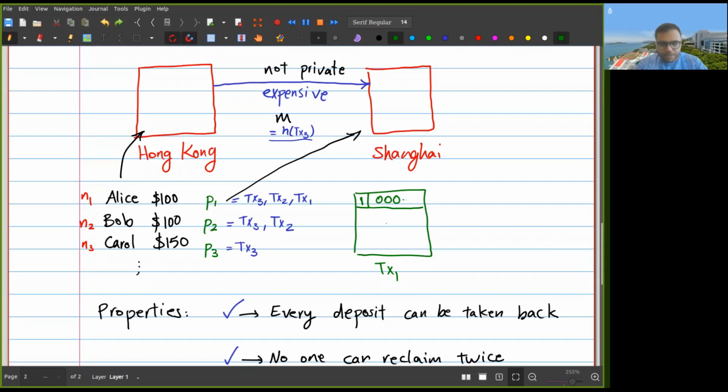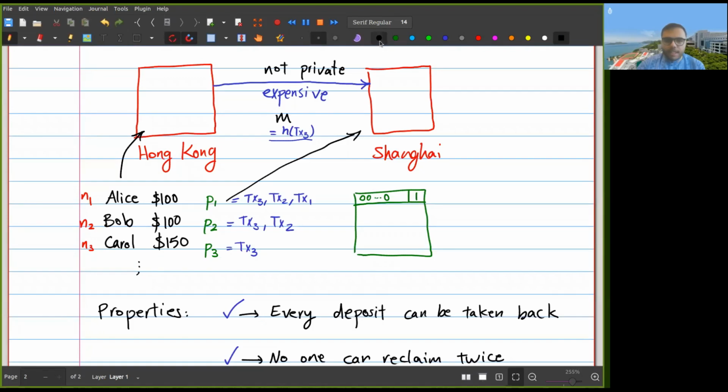Or actually, sorry, let me put it in the other order so that it looks better. So this is the transaction number, which is 1, and it also has a pointer to the previous transaction, but this pointer is just all zeros because there is no previous transaction. And then in the transaction itself, I used to include the words Alice and $100.